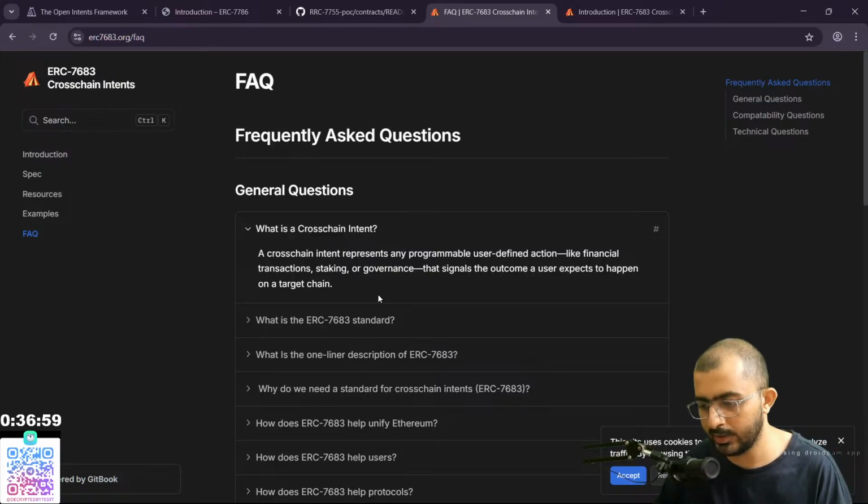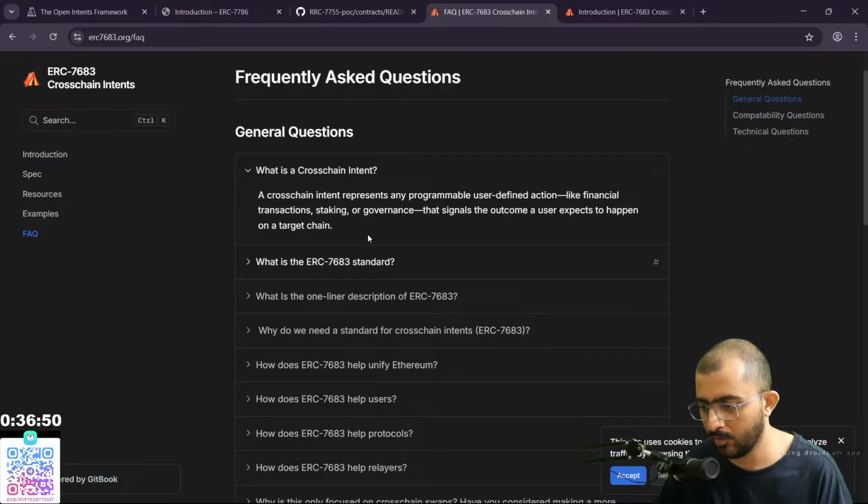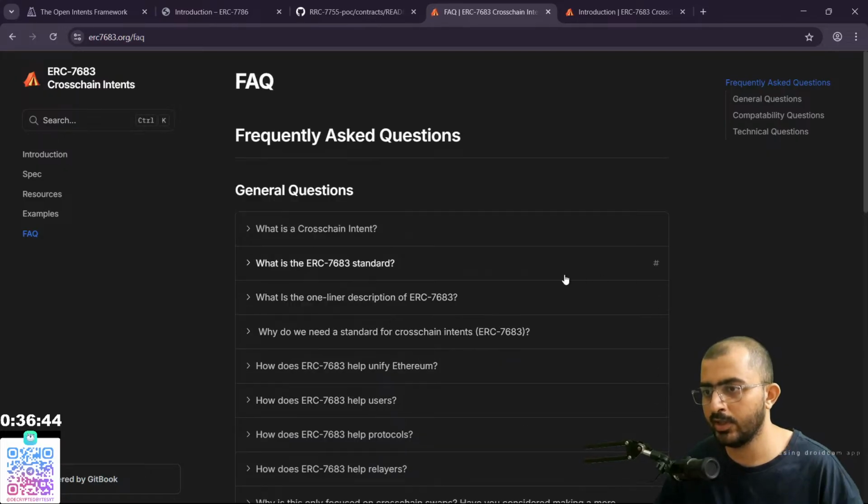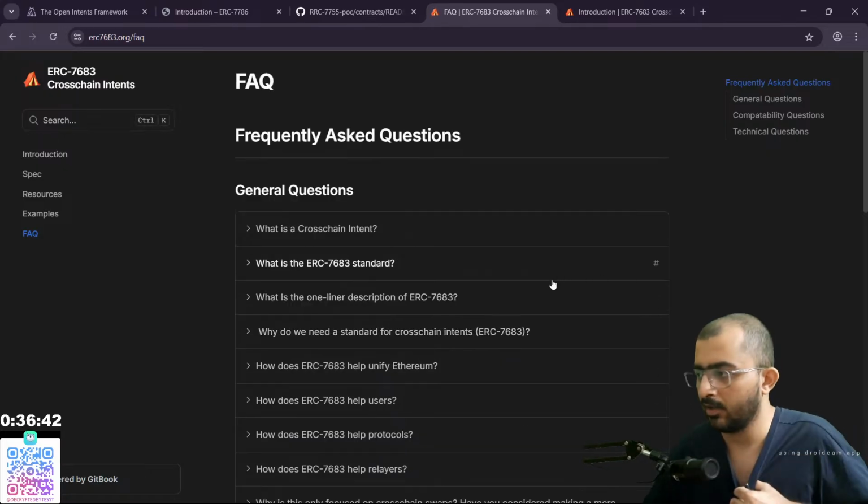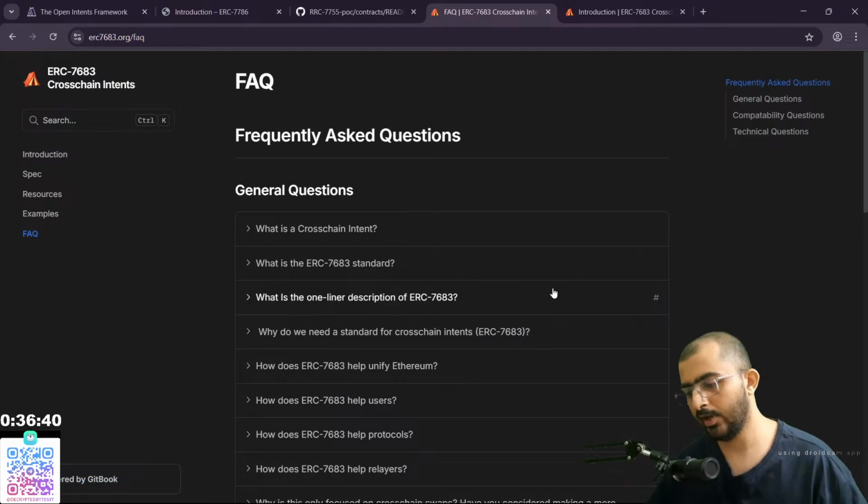What is a cross-chain intent? Cross-chain intent represents, as I said, an action. It can be anything. Before that, I thought it was just asset transfers and not anything else, but you can maybe send call data or something like that.